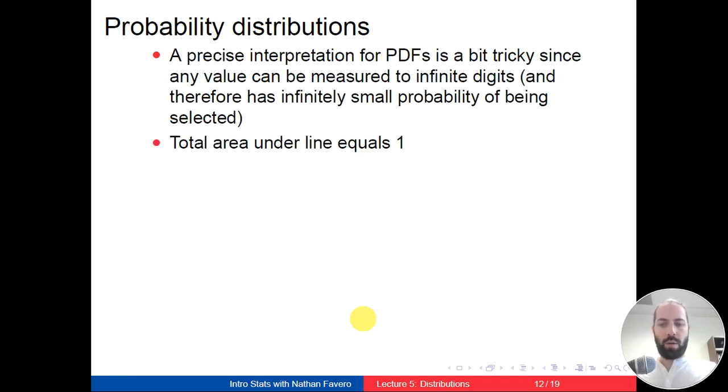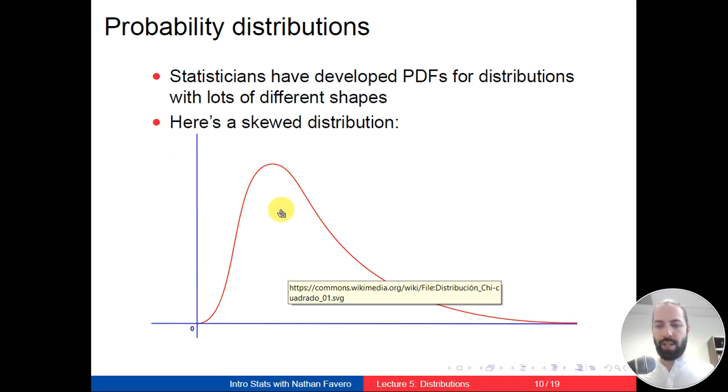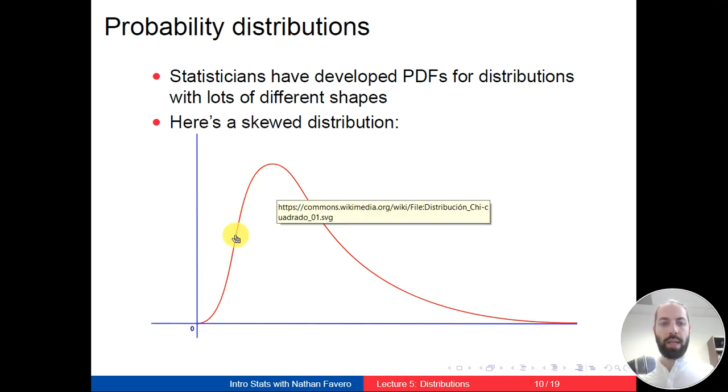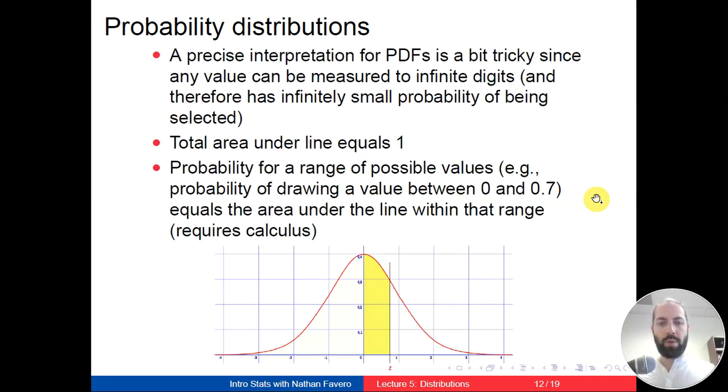This is mostly beyond the scope of what we'll talk about in this particular class, but just to give a very brief preview of how these PDF graphs work, the area underneath the line of the graph is always going to be equal to exactly 1. In other words, there's a 100% chance, or a probability of 1, that if we take a draw from this distribution we'll get some value that is underneath this graph, right? And so that's why the area is always going to equal 1.